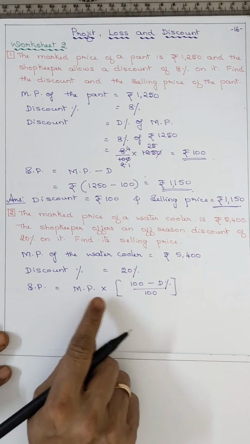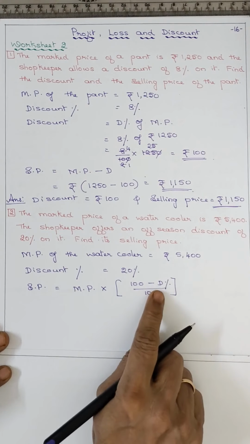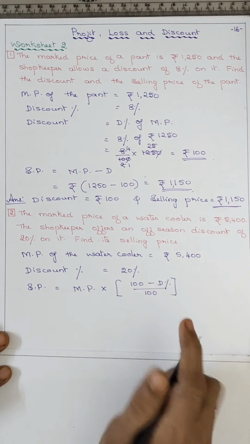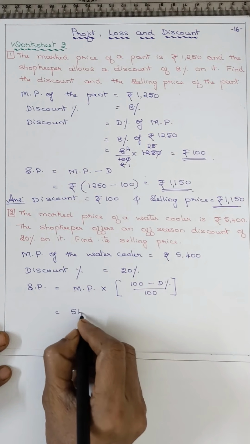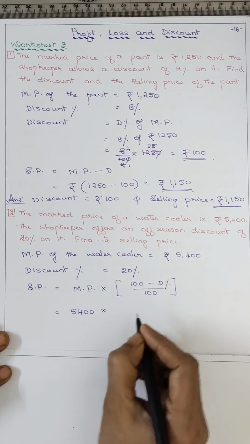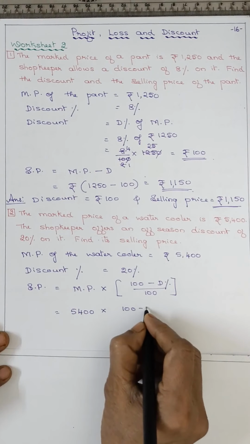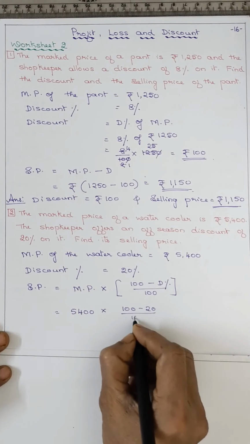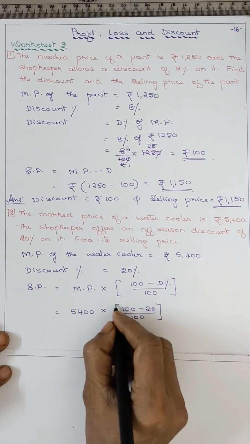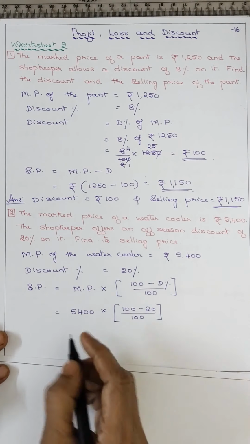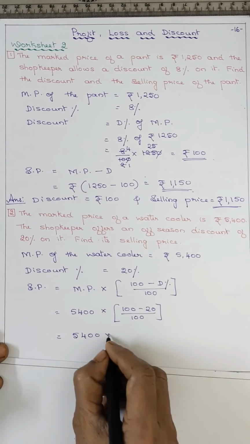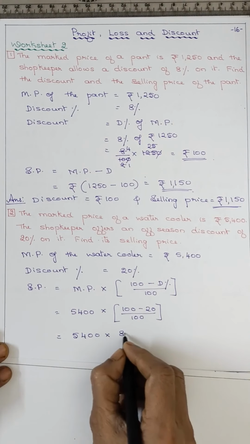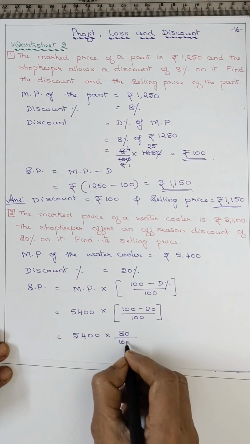SP is equal to MP into 100 minus discount percent upon 100. Put the values, 5400 into 100 minus 20 upon 100. So that is 5400 into 100 minus 20 is 80 upon 100.